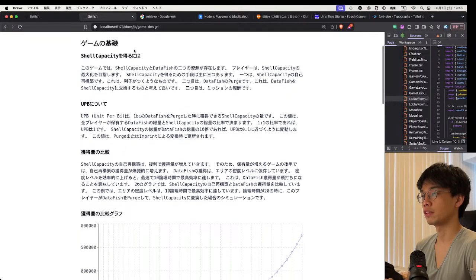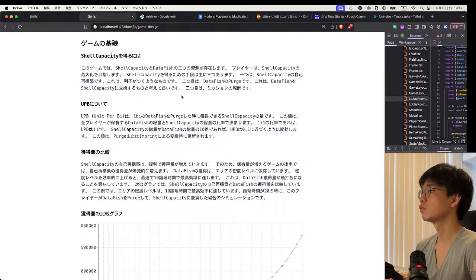The foundation of the game is to acquire shell capacity. There are two types of resources, that is shell capacity and data fish, and players aim to maximize their own shell capacity. That is the win condition. And there are three ways to acquire shell capacity.